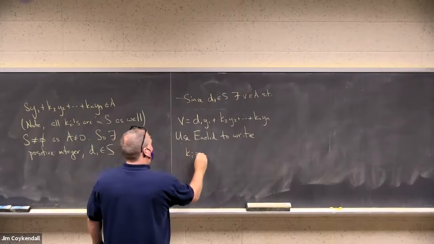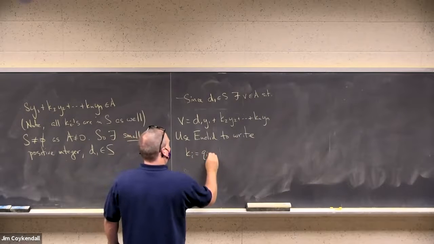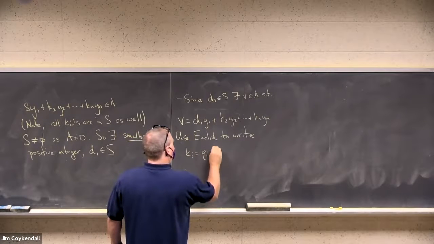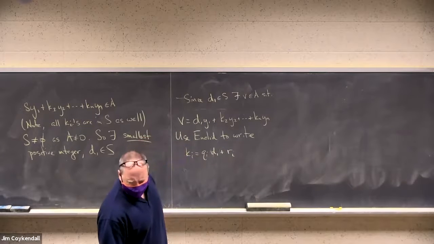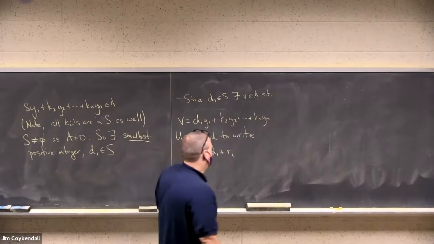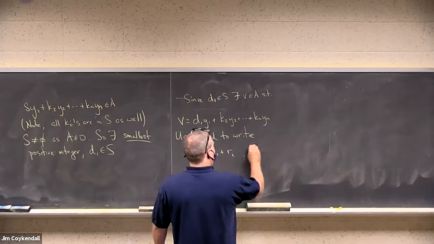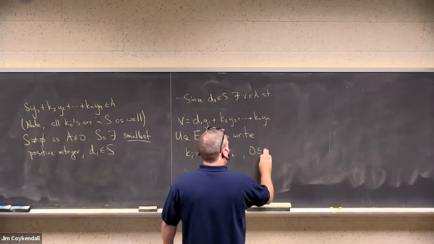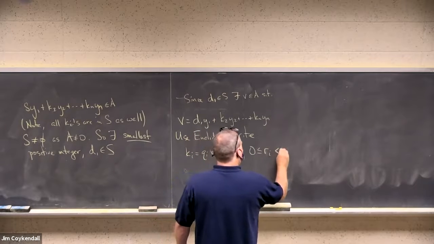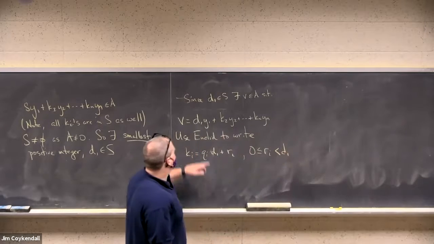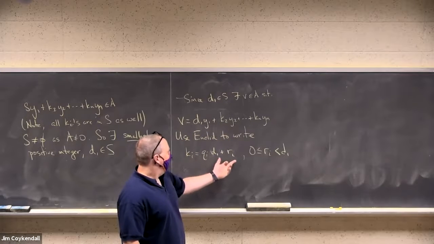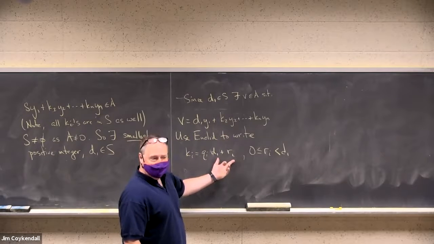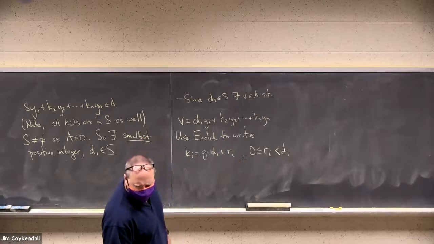I'm going to write each ki as qi d1 plus ri, with each ri either 0 or smaller than d1. So basically, I'm going to divide each of these k's by d1 and find some remainder that's either 0 or smaller in size than d1.